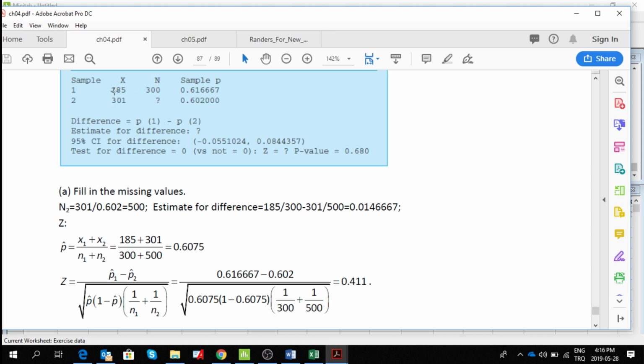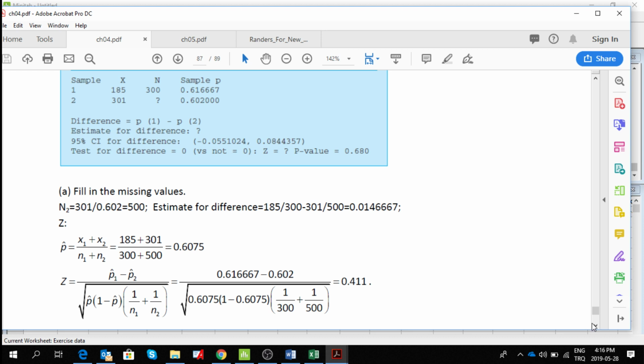For example, in sample 1, we had 185 non-conforming units out of 300 units. And in sample 2, we have 301 non-conforming units out of 500. You should read it that way. So p hat is (x1 plus x2) over (n1 plus n2). We get 0.6075.